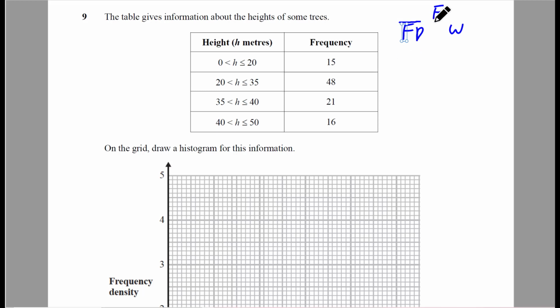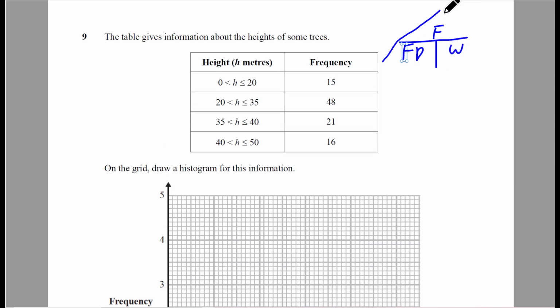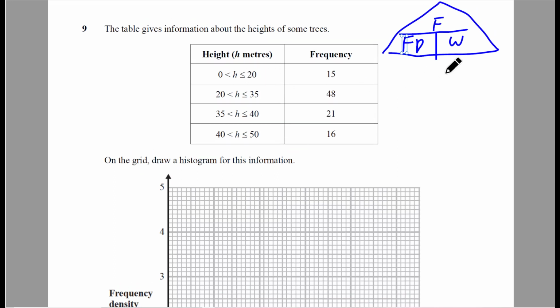If this was a triangle, excuse my triangle, because we've got frequency and the class width, let's say CW here, so that width is 20, so FD here equals the frequency, which is 15, divided by 20. We know that's 3/4, so that's 0.75.